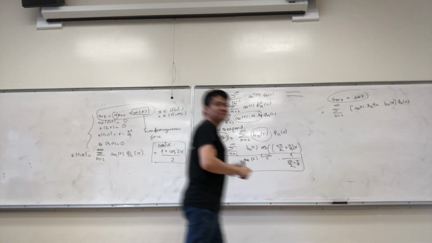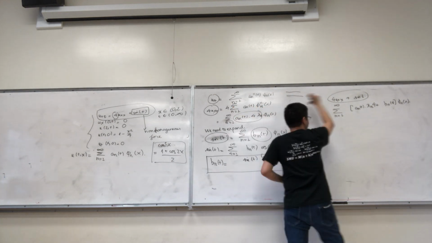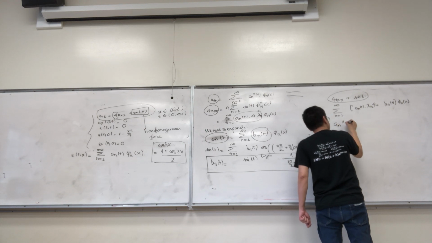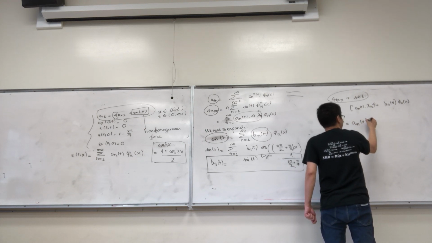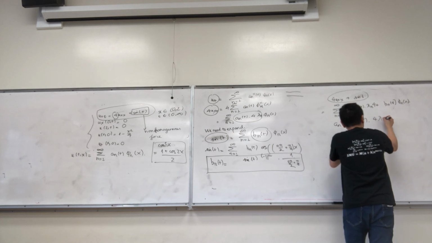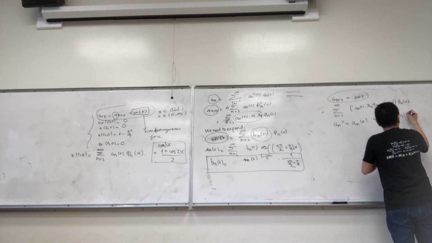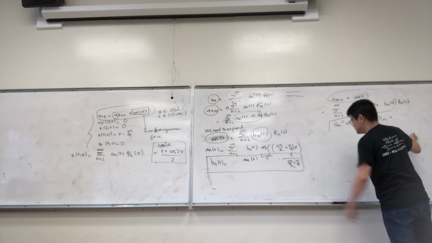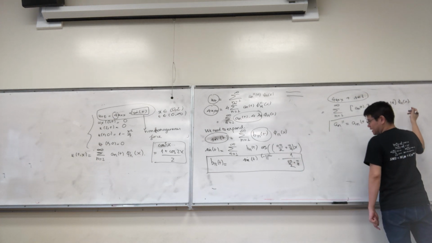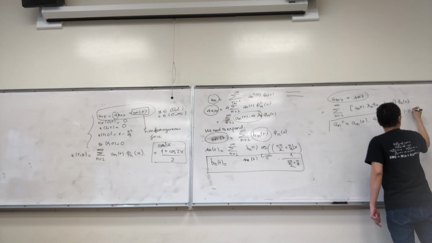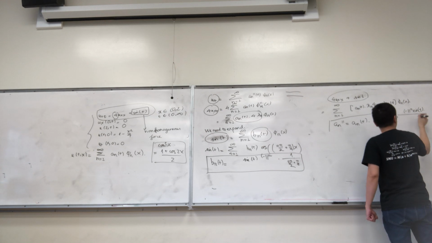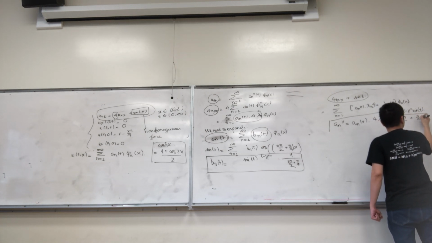Because utt is equal to 4 uxx plus sine t, what you have is an double prime equals an(t) times 4 lambda n plus bn(t). And this is the equation. The bn is minus 1 to the n sine of t divided by n pi over 2 plus pi over 4.